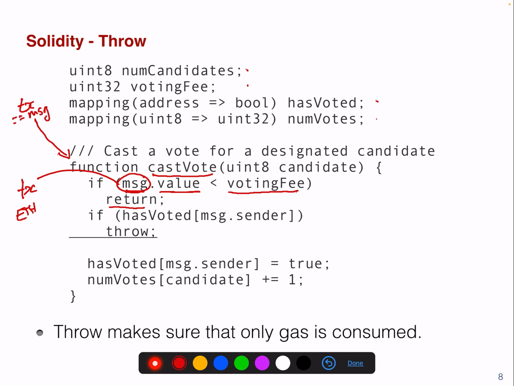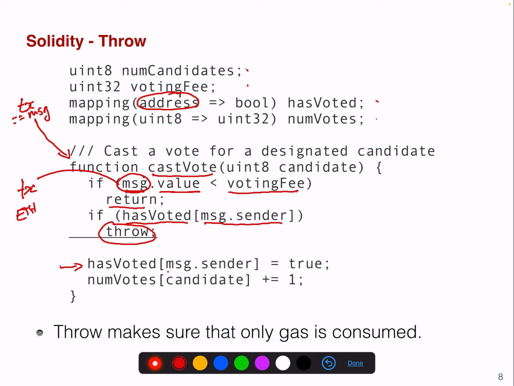And then there's another check. So if in the map has voted, there already is a message.sender as a key. So that's here, this particular key, right? Then there's going to be a throw. So a throw is basically similar to return, but it consumes less gas. And then you can see here, has voted, right?